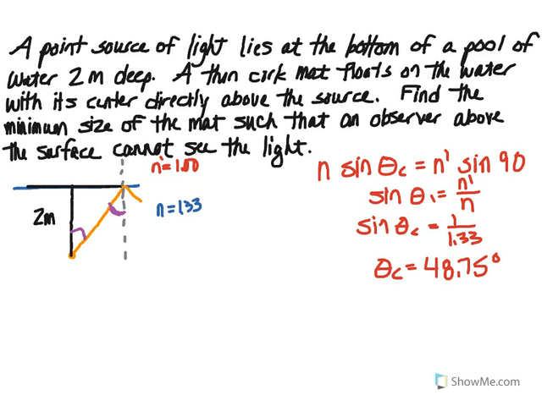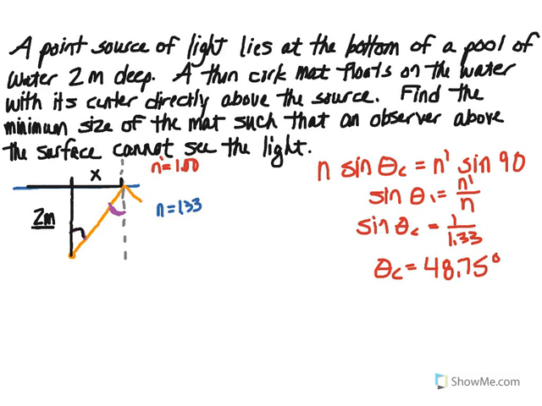And so we can use these measurements to find the length from the center of the mat to the edge of the mat, the edge of the triangle. So we know the size of the angle, we know the length of the side adjacent to the angle, and we are trying to find the length of the side opposite of the angle.